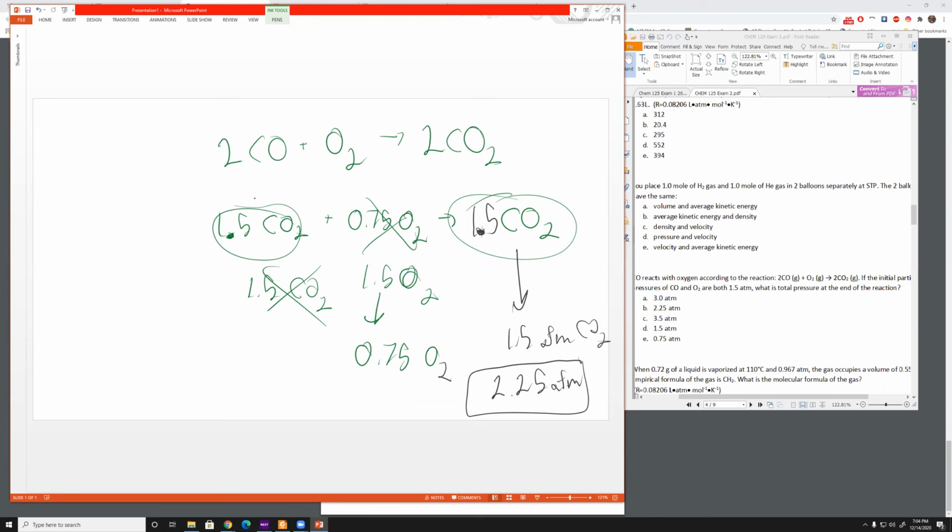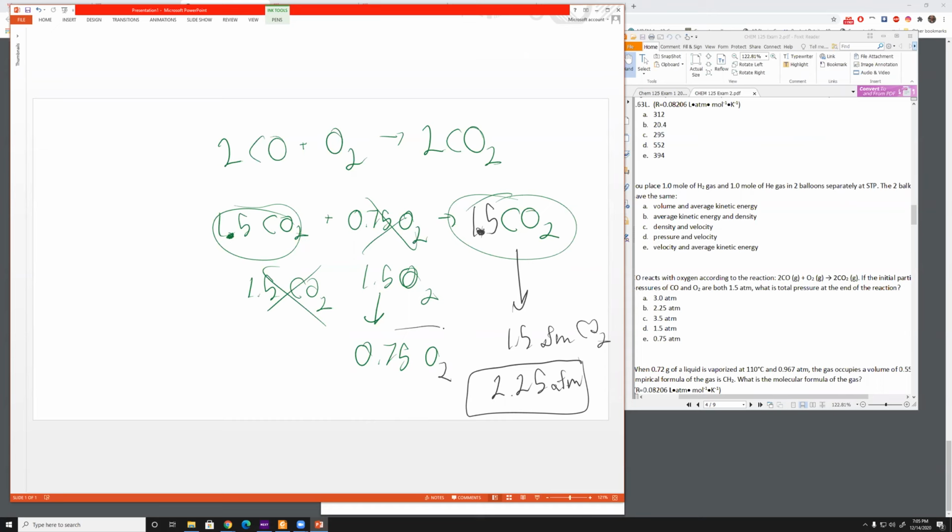Okay, I'm gonna talk about it one more time just to clear it up. So this is the balanced reaction that's given, right? You're given that there's 1.5 atm of each one of the reactants, the CO and the O2. If we know that 2 CO react with 1 O2, then 1.5 of CO will react with half of that of O2.